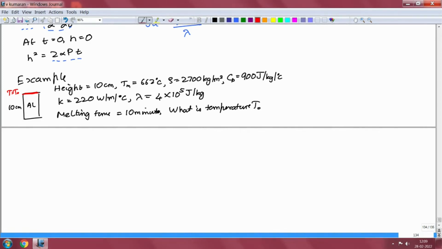So, that is the design objective, to find out what temperature has to be maintained at the top, so that this entire melting takes place within a period of 10 minutes. So, that is the question.